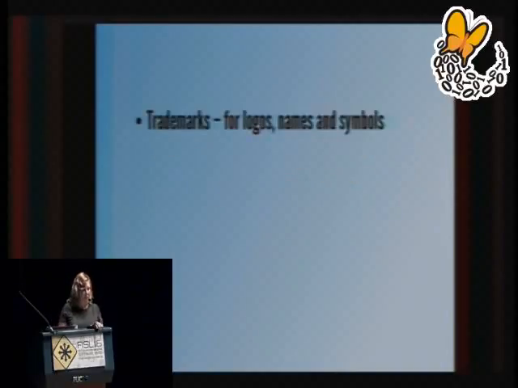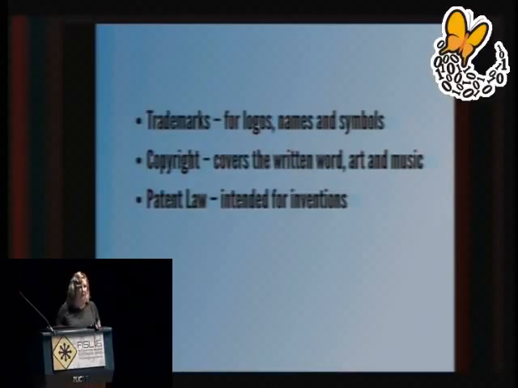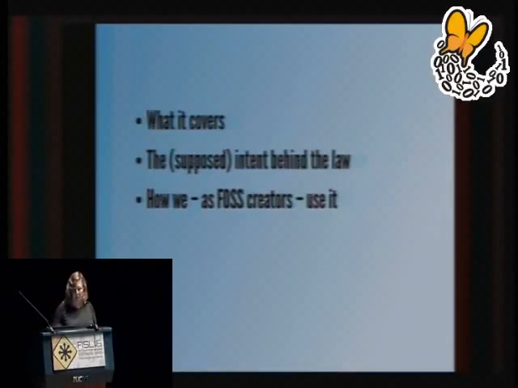So we're going to talk about trademarks, which are used for logos and names and symbols. We'll talk about copyright, which covers the written word, art, music, and software code, as well as patent law, which is intended for inventions. Briefly, I'll say what is covered by each area and the supposed intent behind the law.